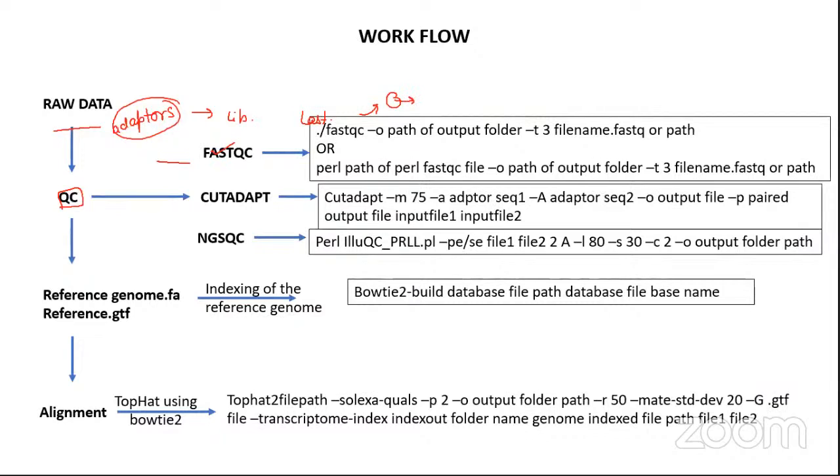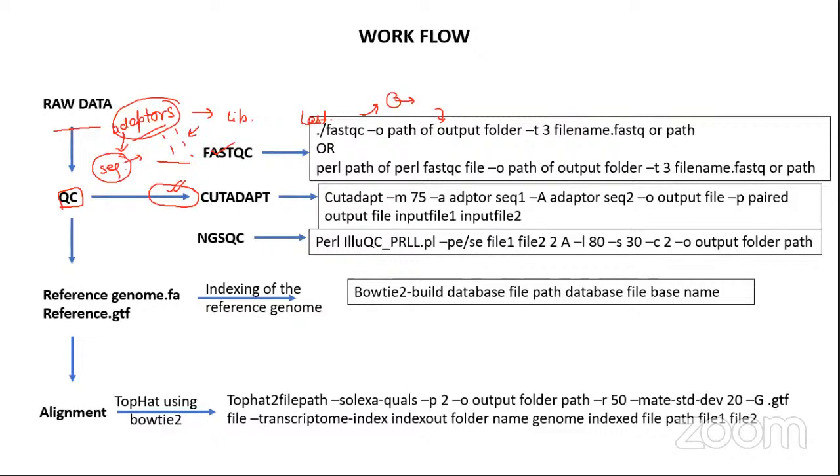But if we are unable to do so, we can use Cutadapt to remove the adapters. To remove the adapters, we should know the adapter sequence. This sequence is specific to each kit or platform.